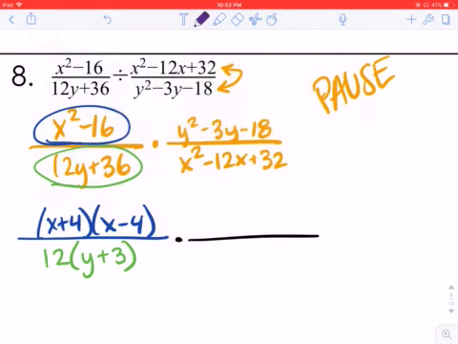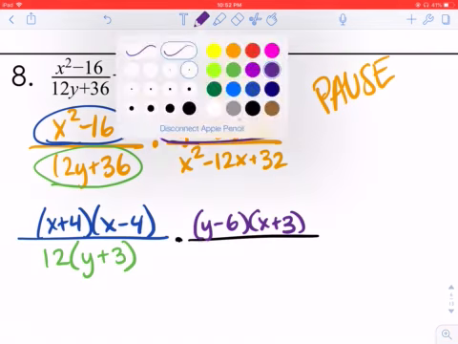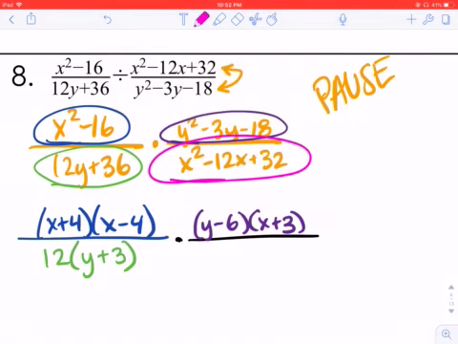On the top one here, I would have y minus 6 and y plus 3. And then on the bottom here, I would have x minus 8, x minus 4.